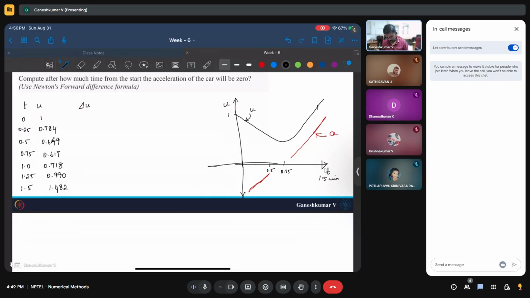Del u is going to be 0.784 minus 1, which is negative 0.216.